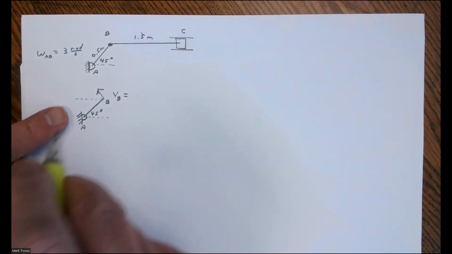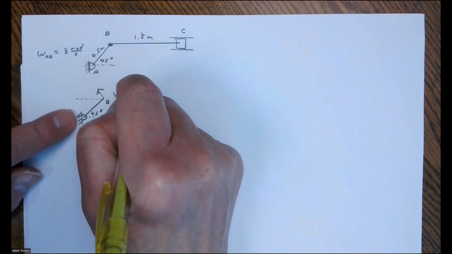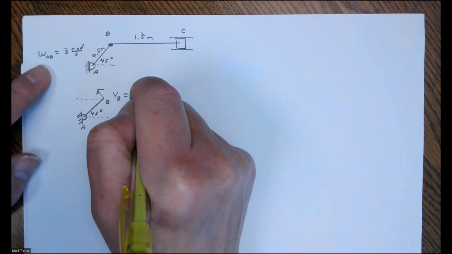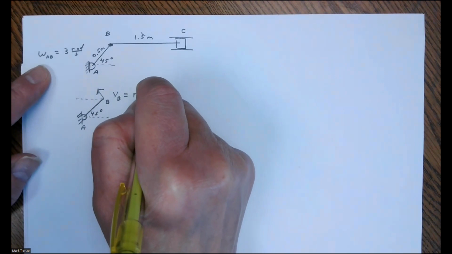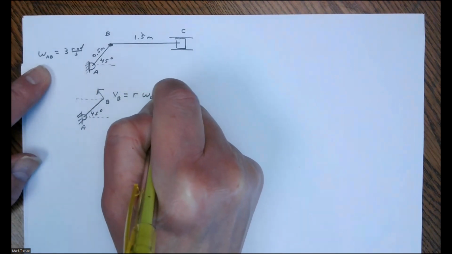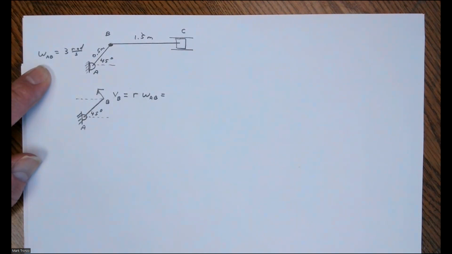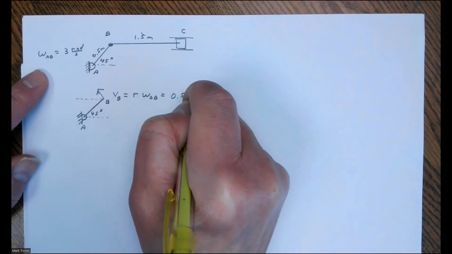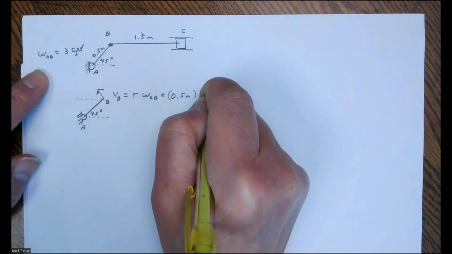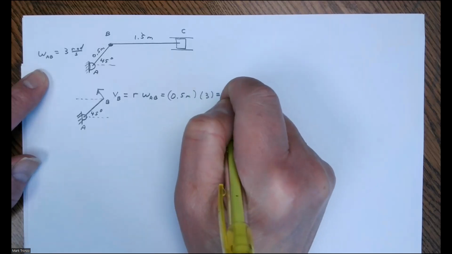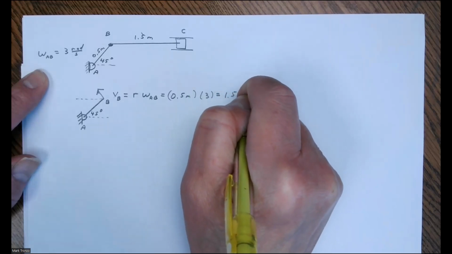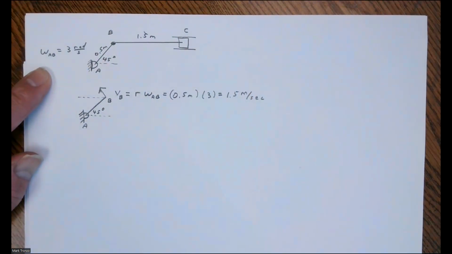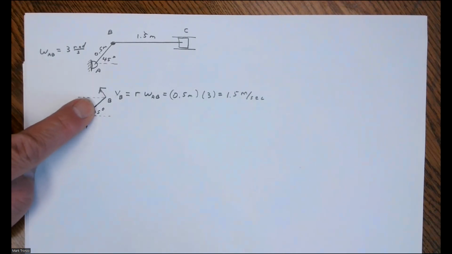And of course, it's always going to be the radius of the arm times omega. In this case, the arm length is 0.5 and omega is 3. This is 1.5 meters per second. And so that gives us this.